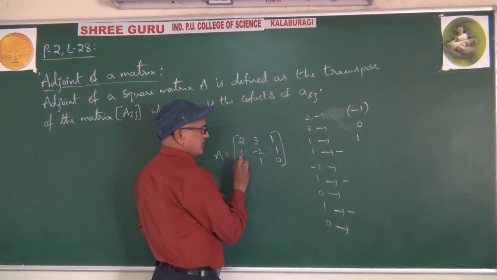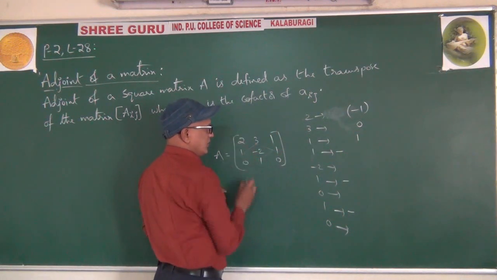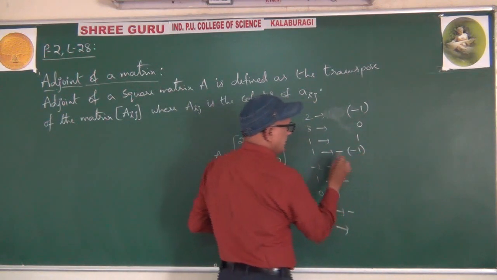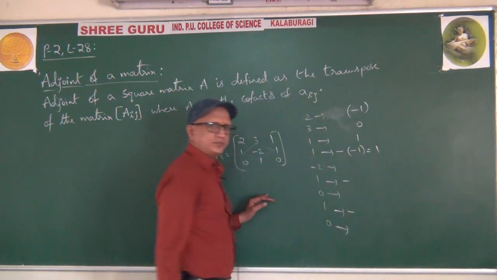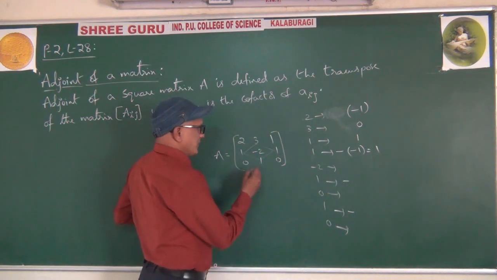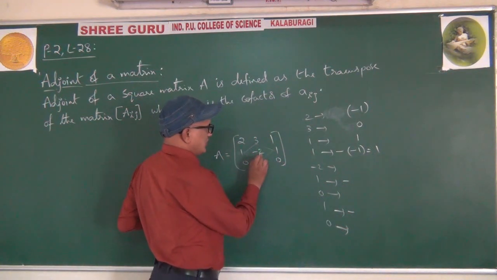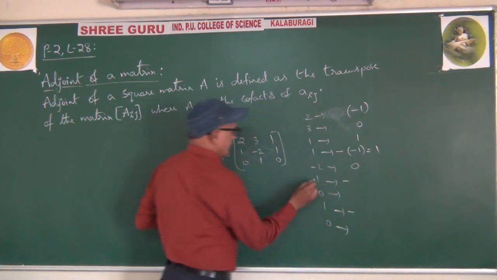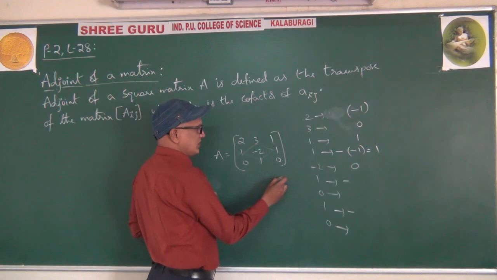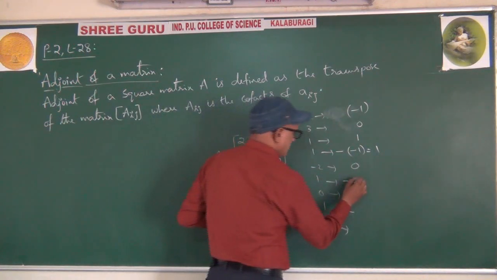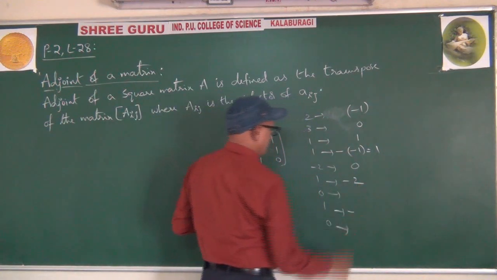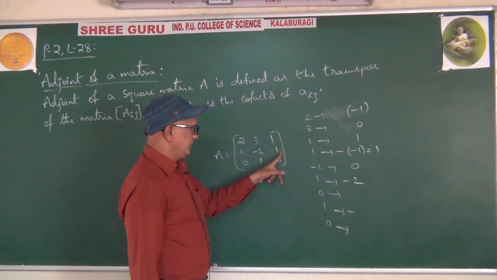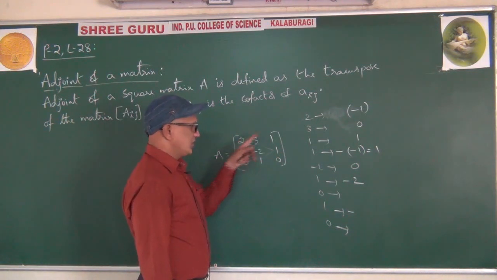Next for this one, remove this row, remove this column: 0 minus 1, minus 1. Next for minus 2, remove this row and column: 0 minus 0, 0. For this one, remove this row and column: 2 minus 0, 2.